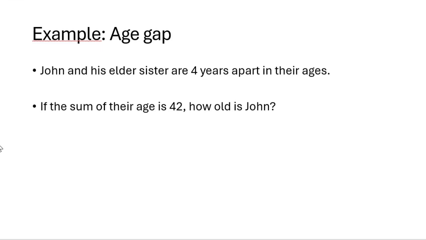If you have a look here, John and his elder sister are 4 years apart. Keywords: John, elder sister, 4 years apart. Now, the sum of their ages is 42, and the question is asking, overall, how old is John? Some key bits of information already.